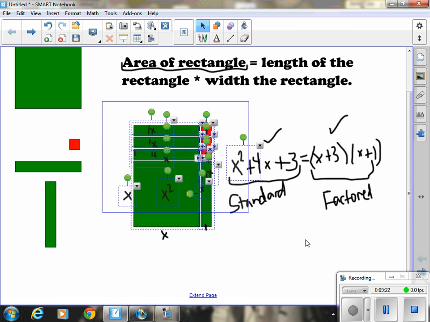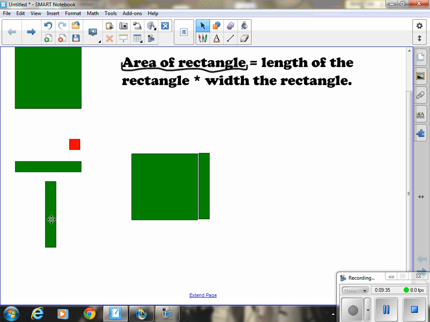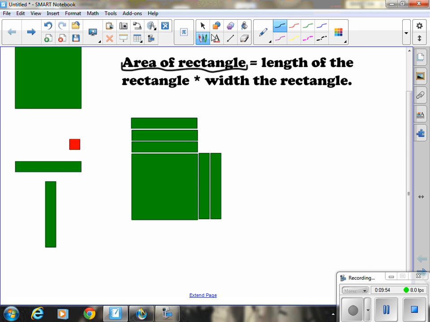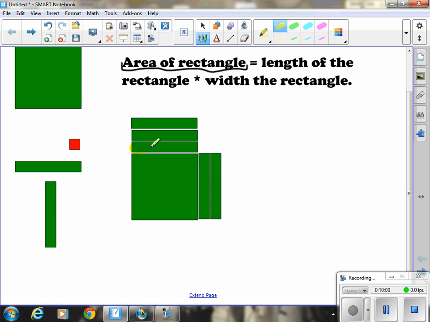Now, sometimes you're not going to be extending portions of sides. Sometimes you're going to be decreasing the portion of those sides. We can use colors to denote that, like a different color. A lot of times we'll use green to represent an extension of a side, and we'll use red to denote a decrease in a side. But what I typically do is just do shading. So let's say I had this picture and I shaded, I'll just use my highlighter here.